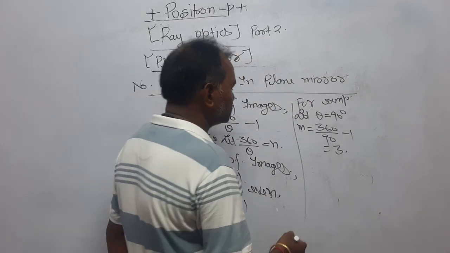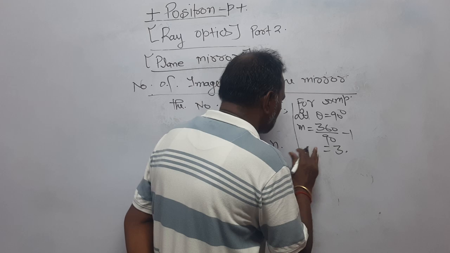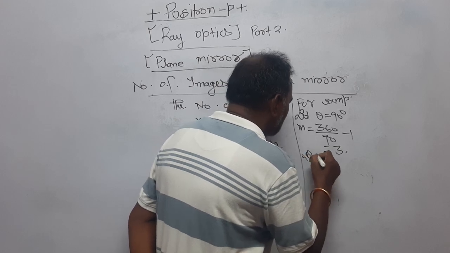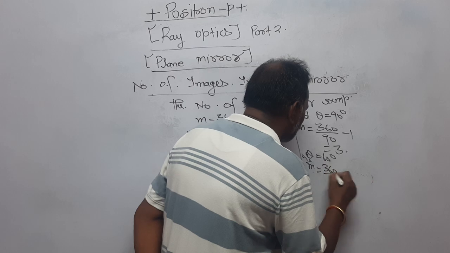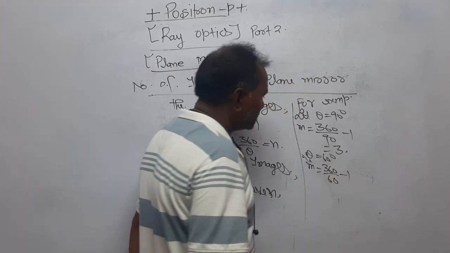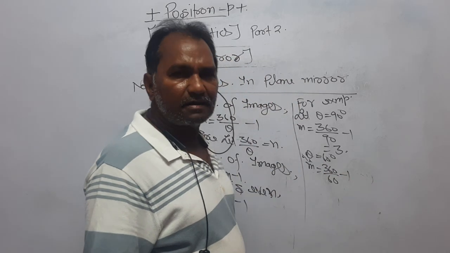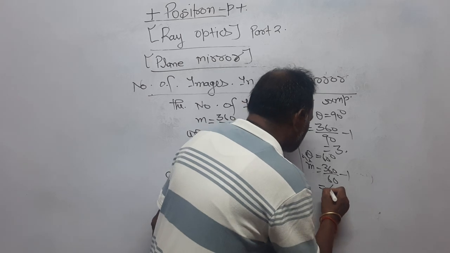If theta equals 60 degrees, m is equal to 360 over 60 minus 1, that is 6 minus 1, which equals 5.